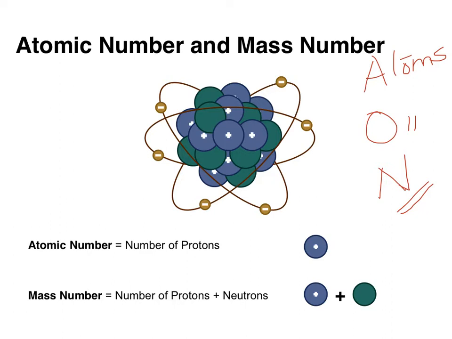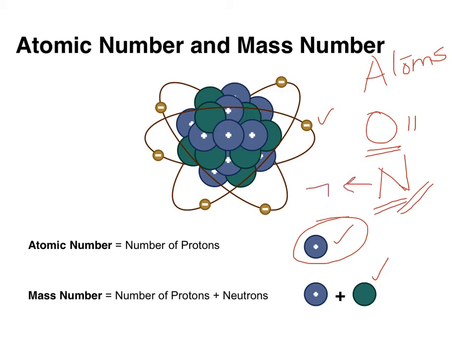Now, every atom, like we've said before, contains protons, electrons, and neutrons. Okay. The identity of an atom or the identity of an element is the number of protons. So an oxygen atom and a nitrogen atom have two different numbers of protons.